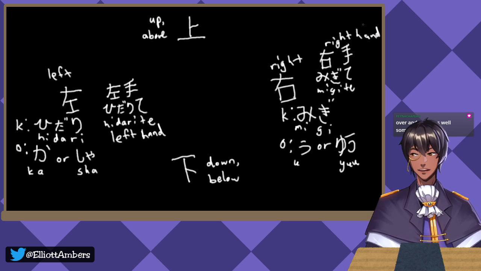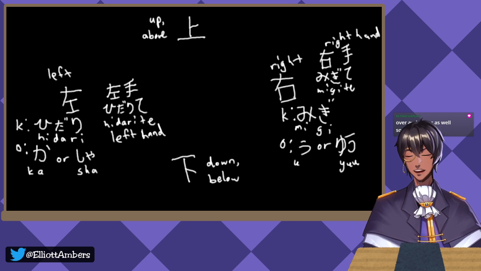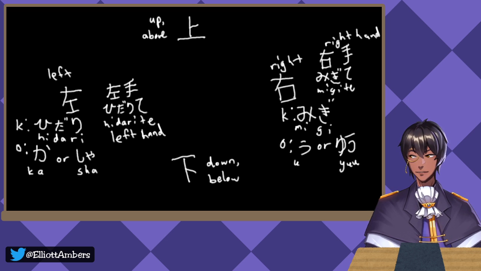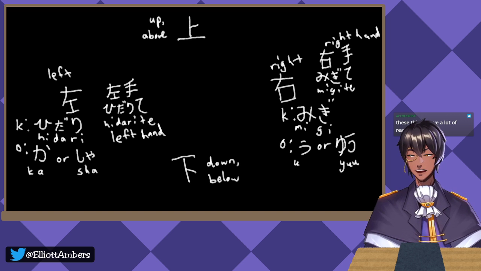Let me actually pull up Jisho right now, because I just want you guys to see this. Let's see if this will show up properly. If I pull this up here, these directional words have a lot of readings.